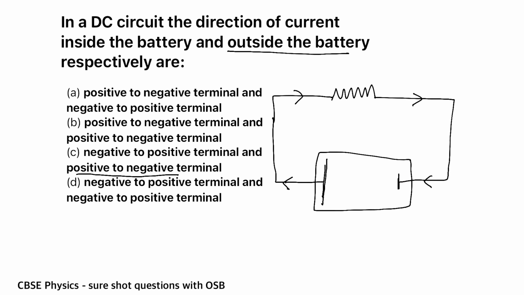And we know direction of current is opposite to that. So current will be flowing from negative to positive inside the battery. Clear? Actually, it's a very good question. So this is our answer, option C.